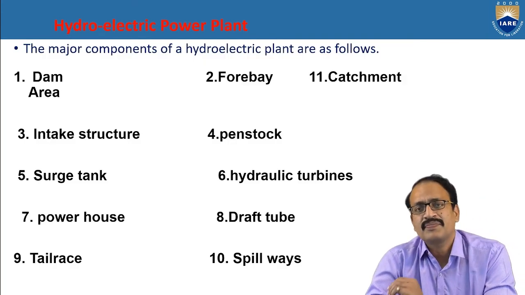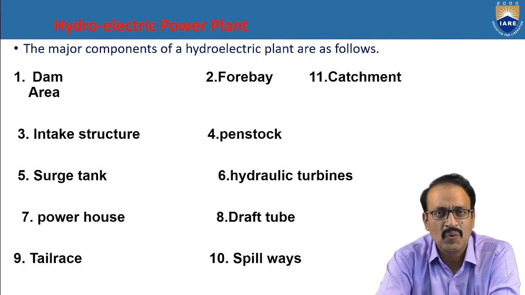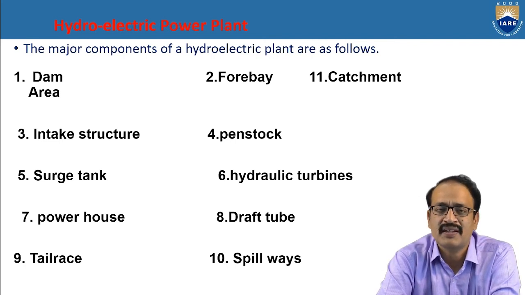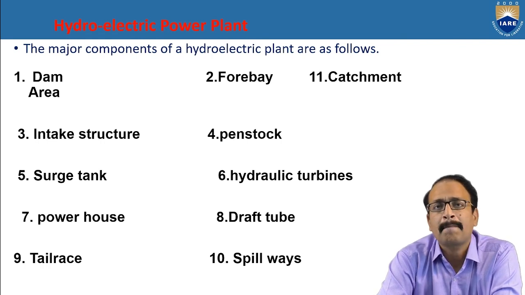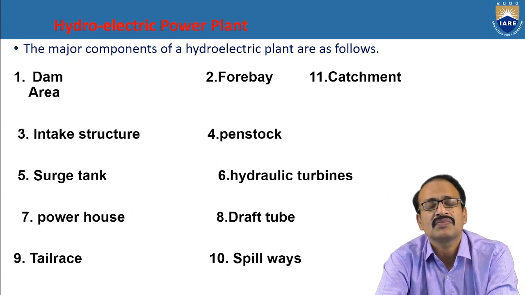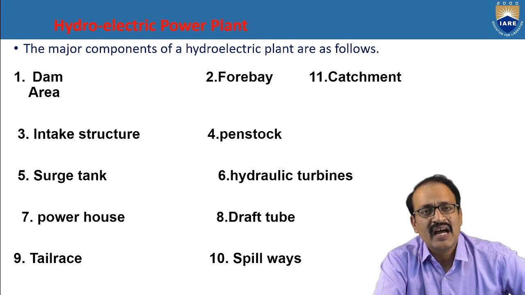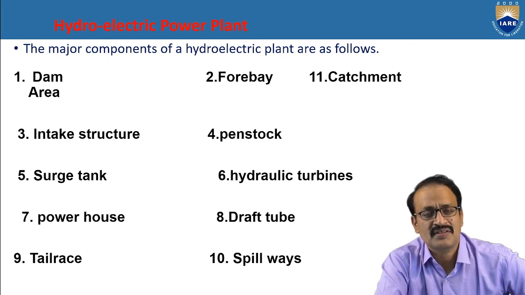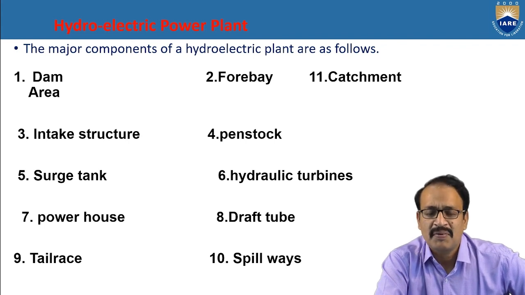So the main parts of the hydroelectric power plant are the dam area, forebay, intake structure, penstock, surge tank, and the hydraulic turbines, maybe impulse turbine or reaction turbine, Kaplan turbine, Francis turbine, the powerhouse, the draft tube, the tail race, and the spillways.